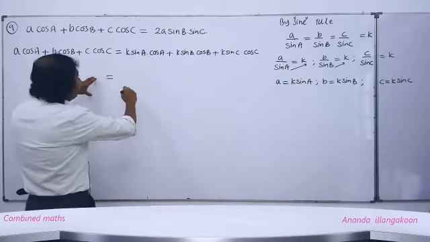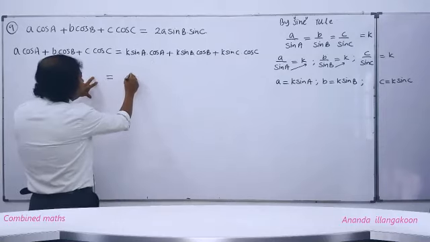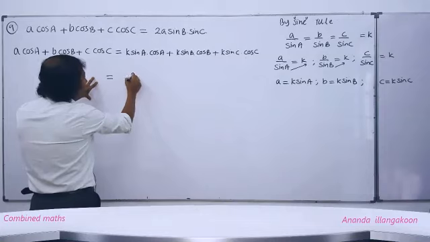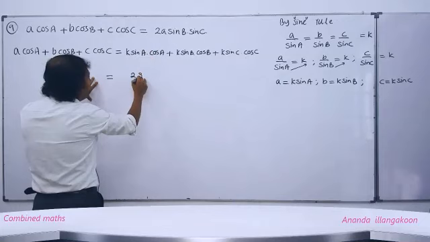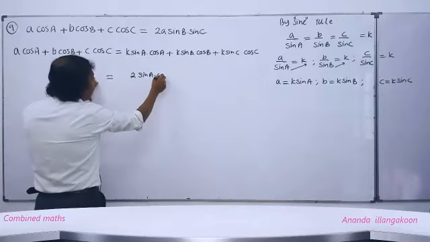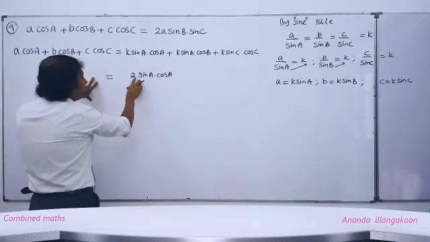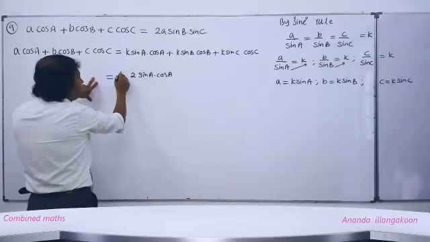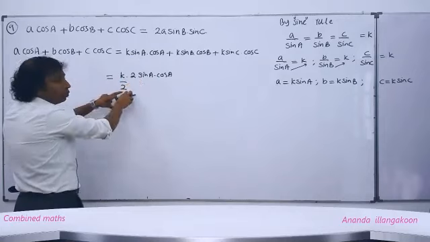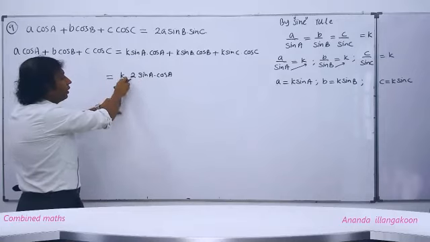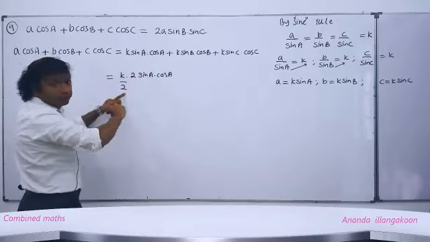Using that, I multiply this term by 2, then what do you get? 2k sin A cos A, and meantime I divide by 2. Then this 2 and this 2 we can cancel, so k sin A cos A is still what we have.